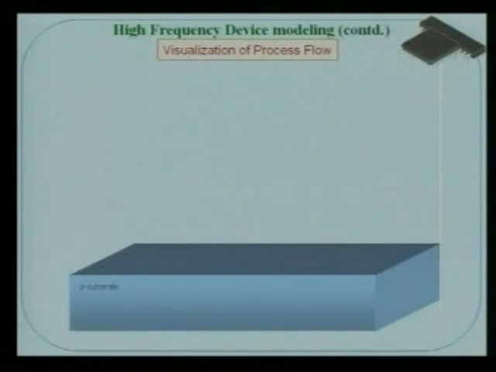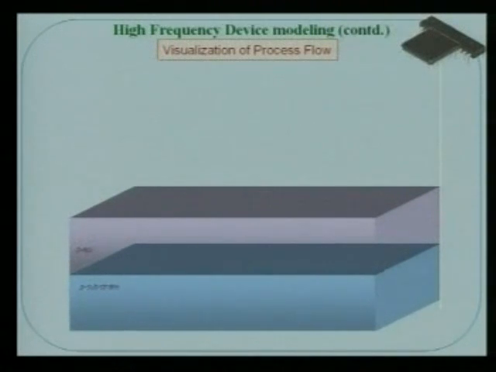Clear? On the top you have the active layer. That means you grow an epitaxial layer, by ion implantation or by some epitaxial technique, on top of the silicon. So the substrate is a mere holder, but this epi layer is my active layer on which the devices are fabricated.